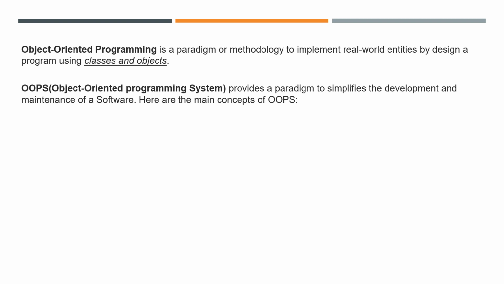Now read out the second definition. OOPS, object-oriented programming system. Whenever you say OOPS concept, it is not only the object-oriented programming concept, it is the object-oriented programming system, which provides a paradigm to simplify the development and maintenance of software. So here are some OOPS concepts: object, class, and those four pillars. Why have I added object and class?